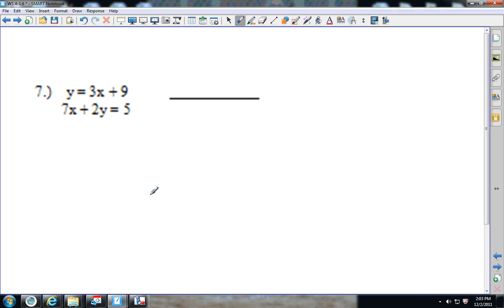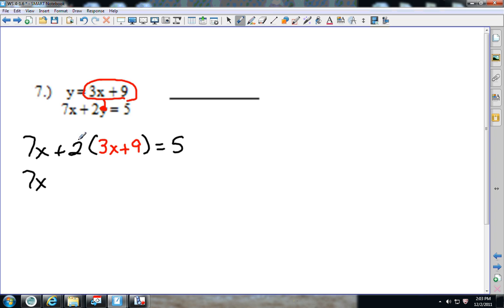Next one. Okay, let's look and see. Is one of my equations written in x equals or y equals form? Yes, it's y equals again right here. I'm going to put this in here for y. So let's rewrite that bottom equation. 7x plus 2 times y, don't know what y is, equals 5. I get 3x plus 9. 7x comes down here.